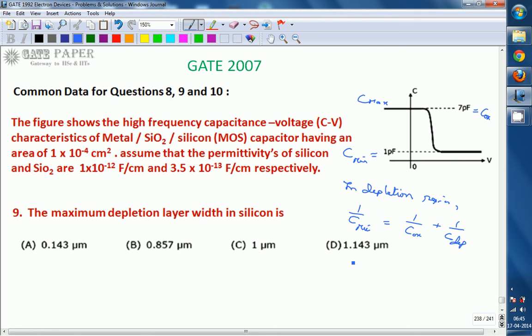So 1 by C minimum is 1 by 1 picofarad, equal to 1 by COX, which is 7 picofarad, plus 1 by C depletion. From this one you can calculate C depletion as 7 by 6.